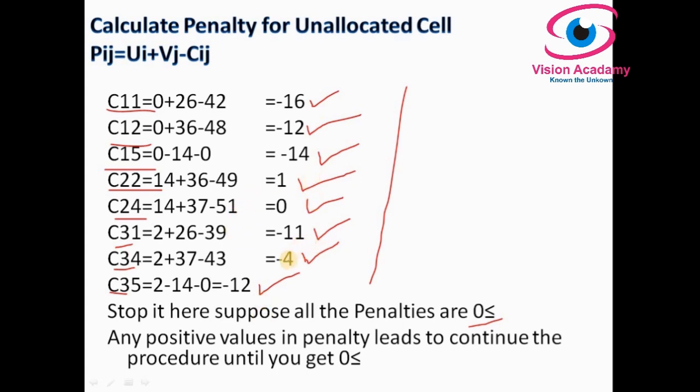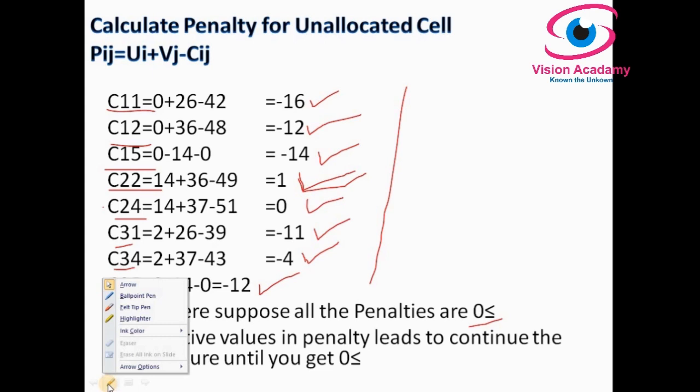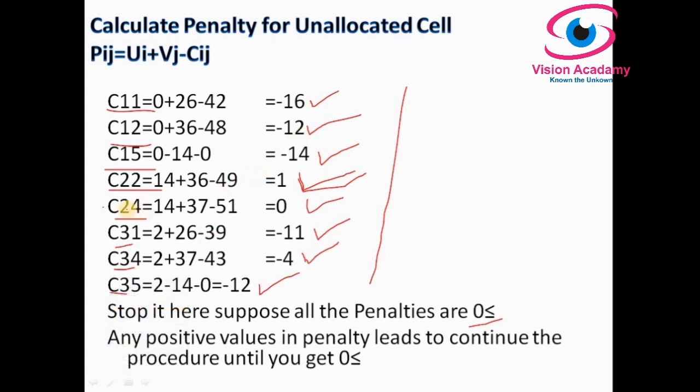Here we have negative values: minus 11, minus 4, minus 14, minus 12, minus 16 and 0. These cells satisfy the condition, but the C22 cell does not. So this is not an optimal solution yet, you need to proceed further. There must be a negative or 0 in the penalty values. So here in C22 there is a positive value.